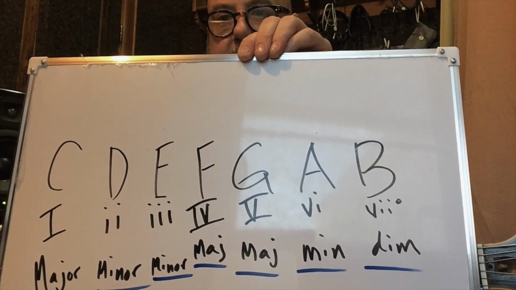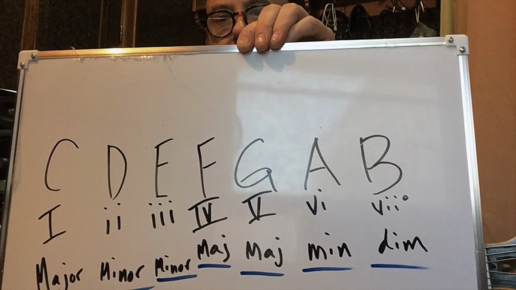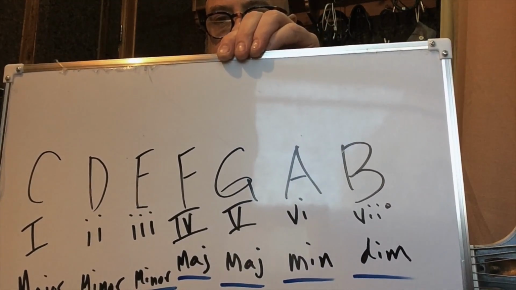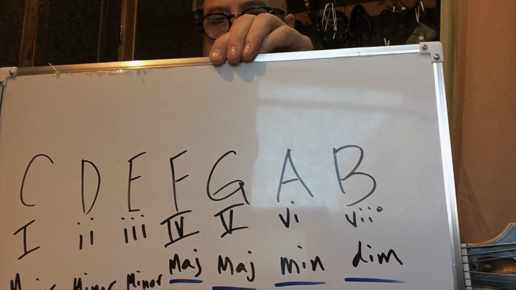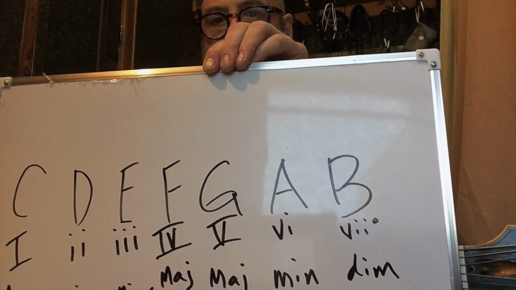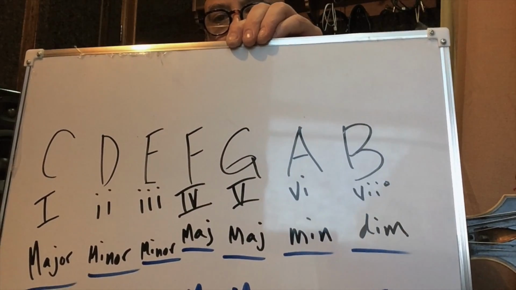We're just using C major here. Your first chord is major, your second chord is always minor, your third chord is always minor, fourth chord major, fifth chord major, sixth chord minor, seventh chord is something called diminished, which is what that tiny little circle indicates.